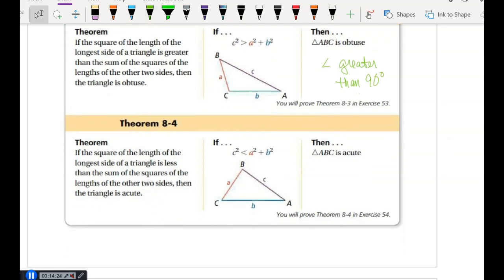Okay, so what do you think the definition would be of an acute triangle, or an acute angle? That would be an angle less than 90 degrees.